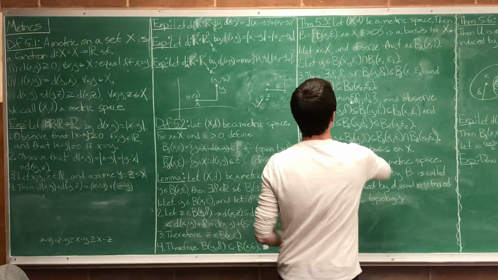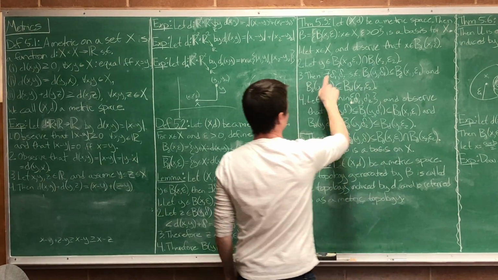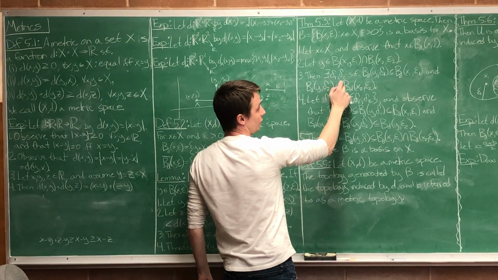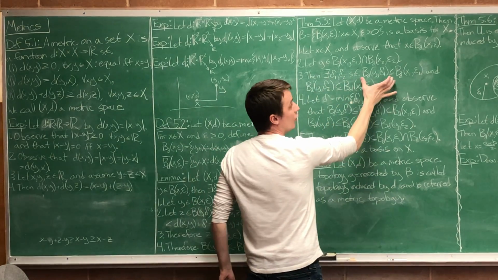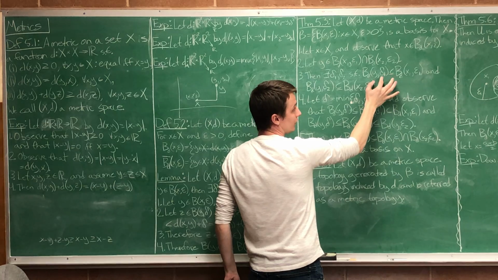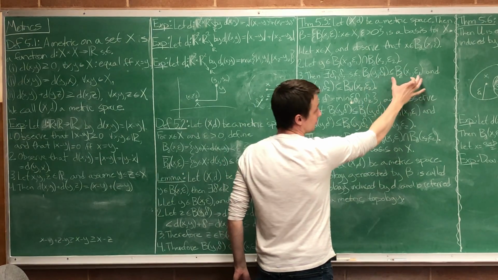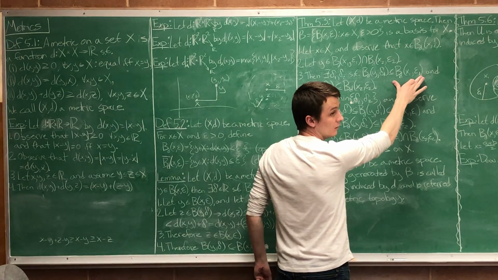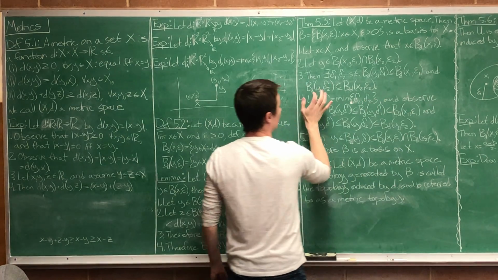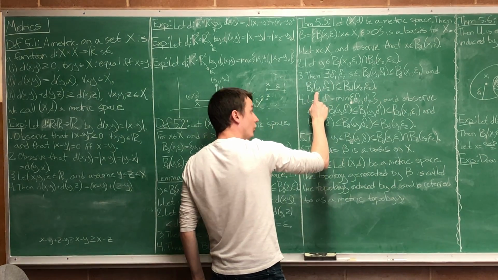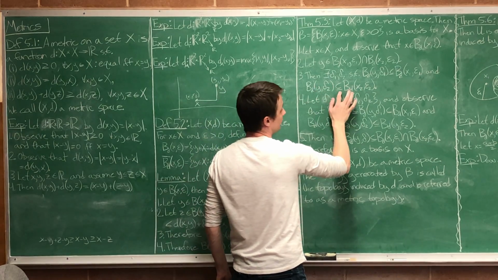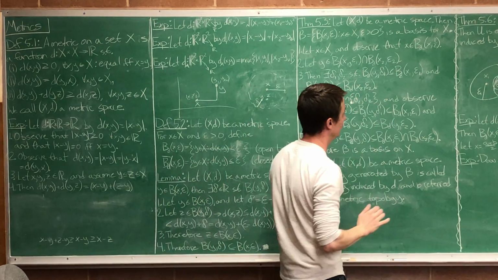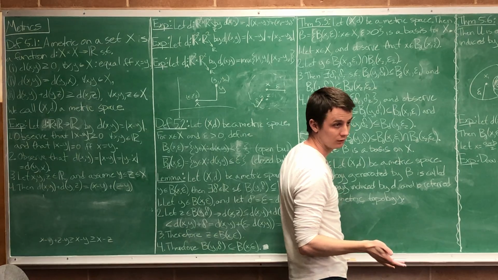That's what I'm saying here. So where's my other exists? Right here. So then there exist delta 1 and delta 2 such that the open ball centered at y with radius delta 1 is a subset of the open ball centered at x1 with radius epsilon 1, and the open ball centered at y with delta 2 is a subset of the open ball centered at x2 with radius epsilon 2. Good?